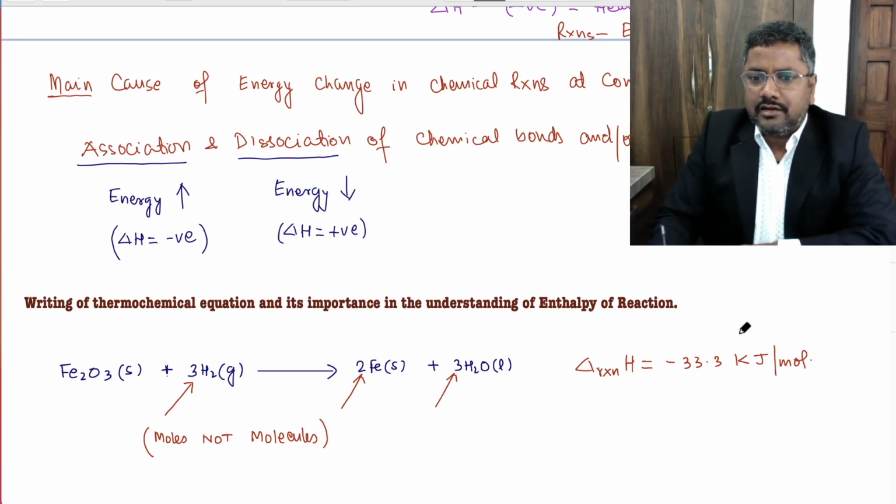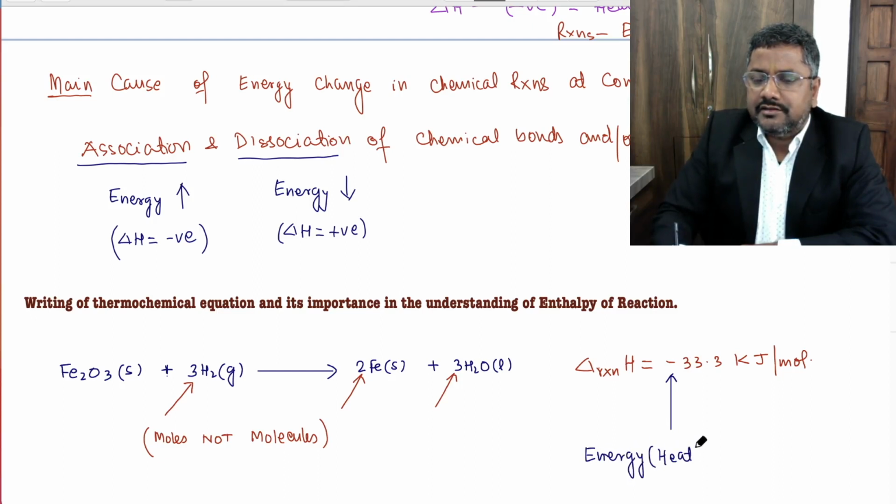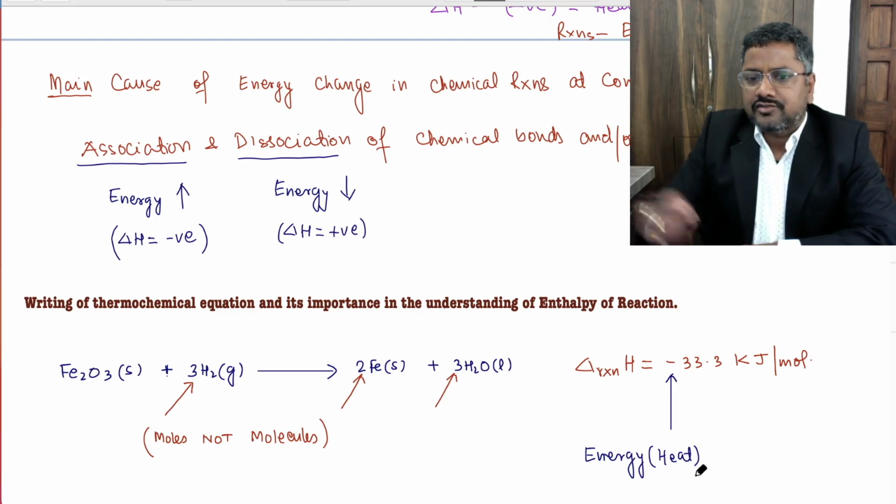So what is the meaning of this? How to interpret this representation in any thermochemical equation? First representation: see this negative sign. Negative sign means energy, basically heat energy, coming out, going from system to surrounding.